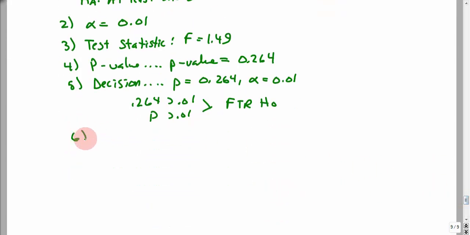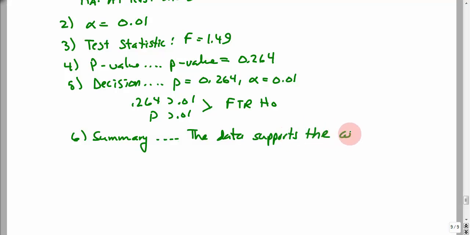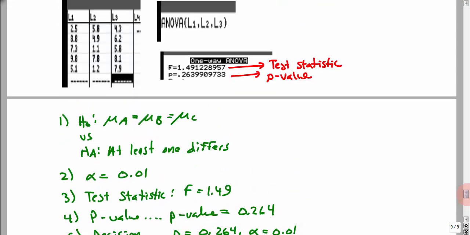So for our summary then, we have information that's basically saying the data supports the conclusion. And then I always go back to the problem to see what it supports.